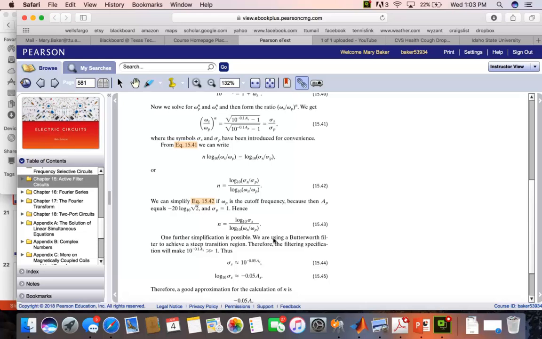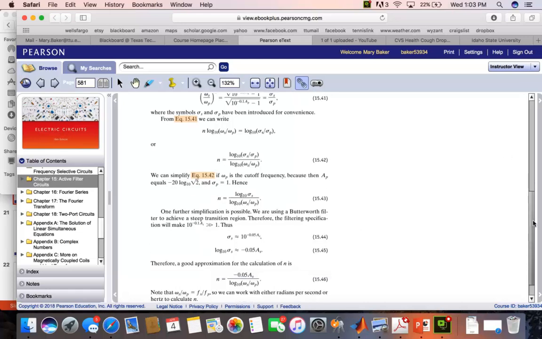If we use a Butterworth filter to achieve a steep transition region, then the filtering specification makes this 10 to the minus 0.1 AS much, much greater than 1. So we can actually further simplify by setting sigma S approximately equal to this quantity, which then means basically the log base 10 of sigma S is minus 0.05 AS.